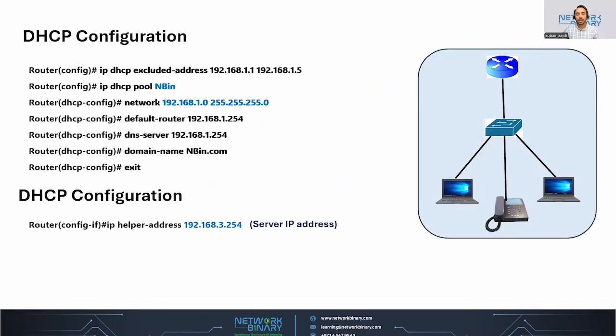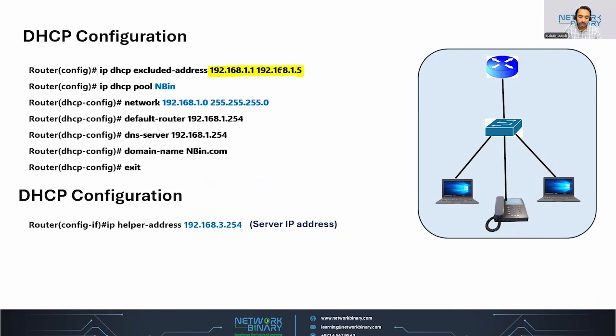All right, learners. Now let's see what configuration we use to configure the DHCP pool on our Cisco router and how we use the relay agent command. Well, in the real industry, we basically save some IP addresses.